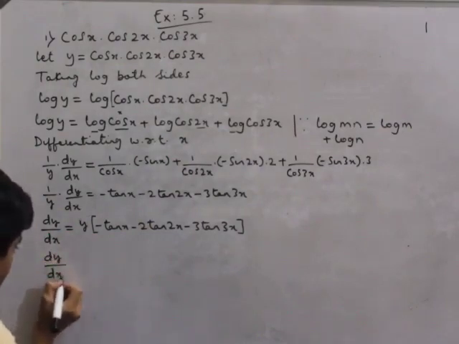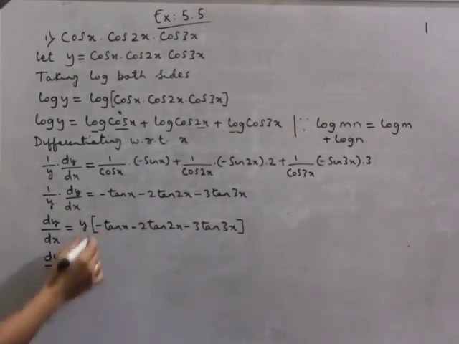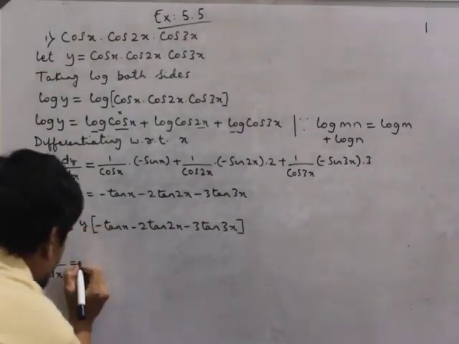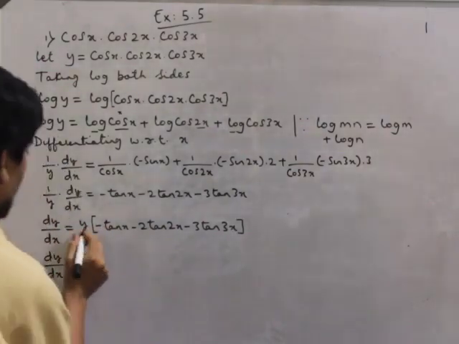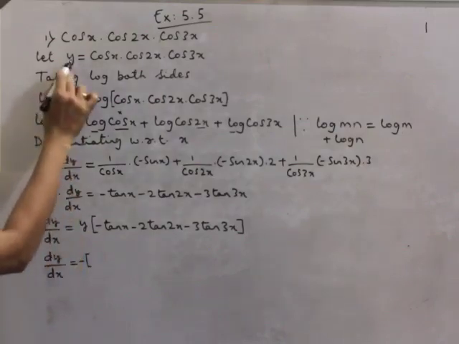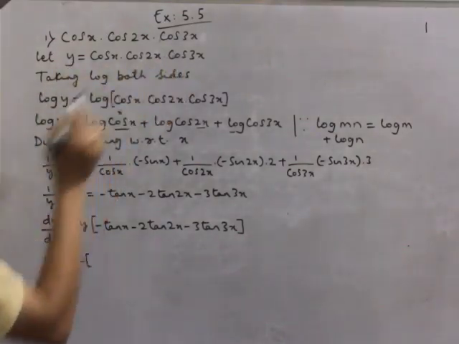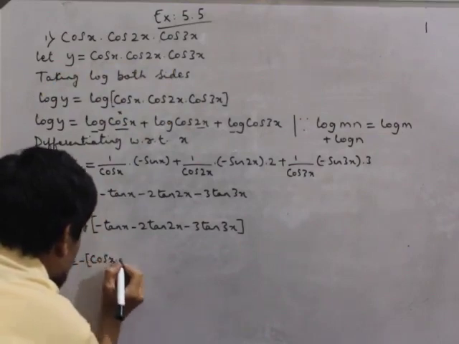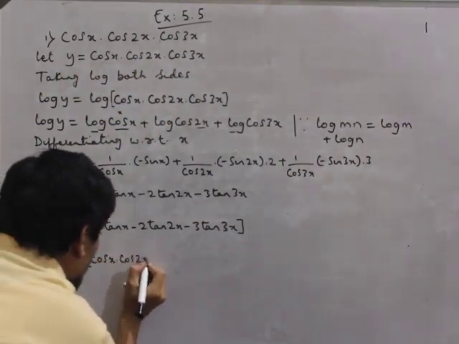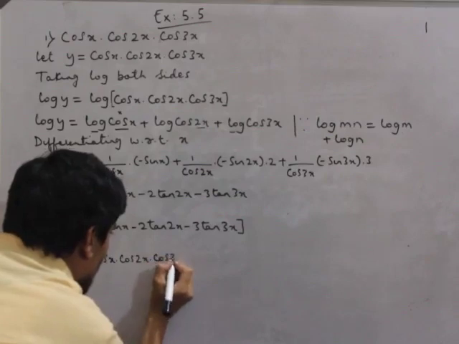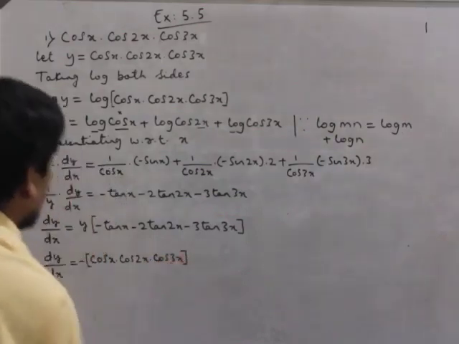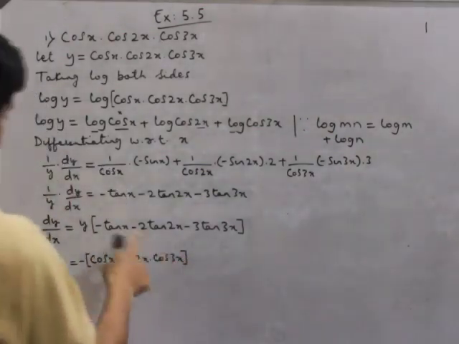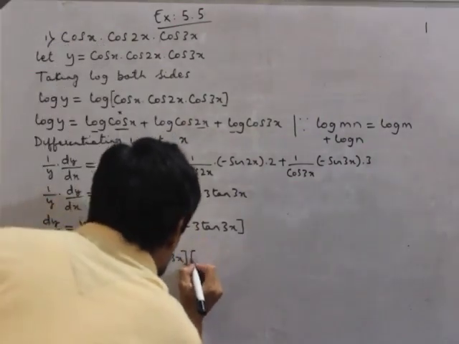Dy by dx is equal to, I am taking out minus sign, and here in place of y, y is equal to cos x, cos 2x, cos 3x. So write it. Cos x into cos 2x into cos 3x. This multiplied by whatever is left out here.